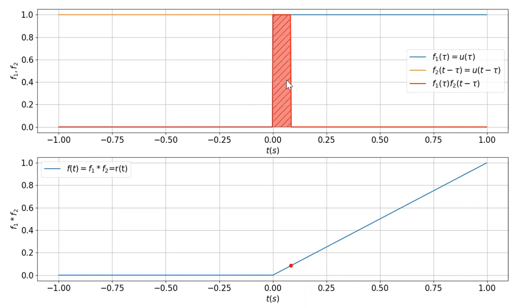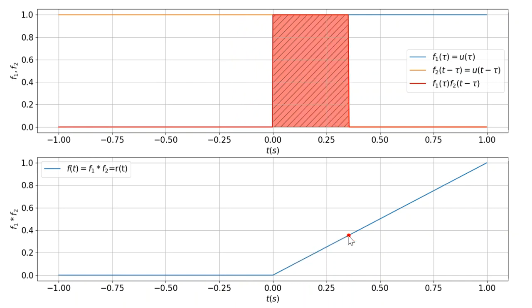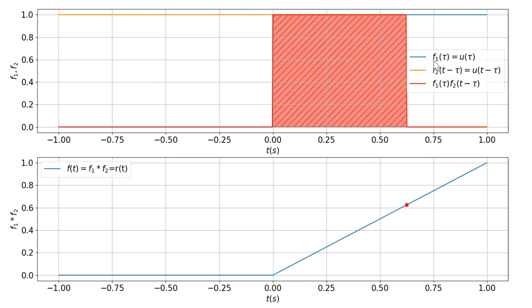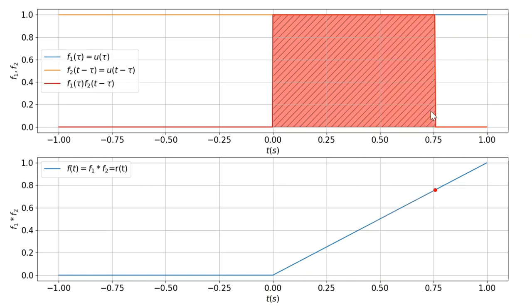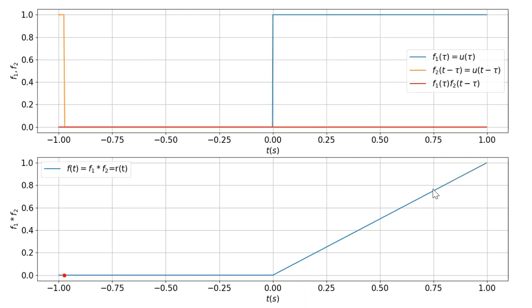I integrate up to here and I get that point. I integrate up to here and I get that point. I integrate up to here and I get that point. So you can slow down the animation in YouTube. So that should be helpful to see these points.